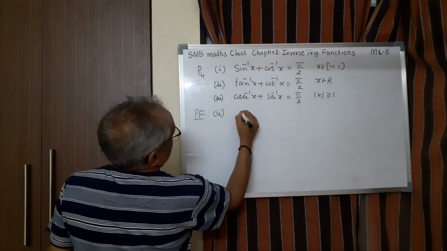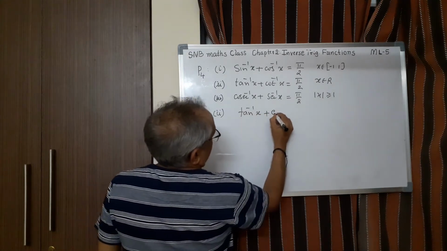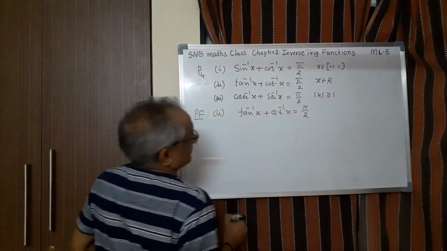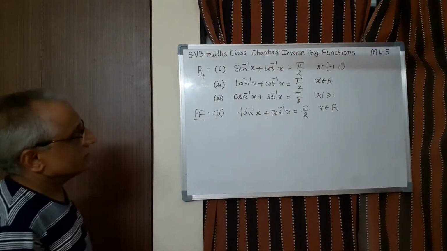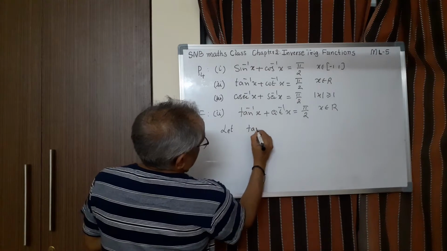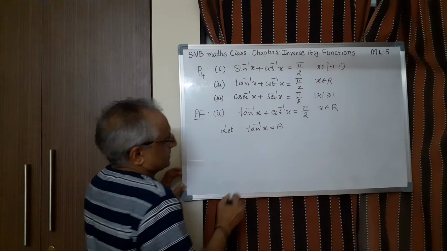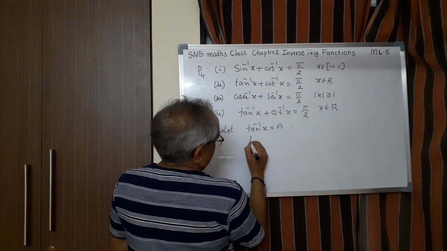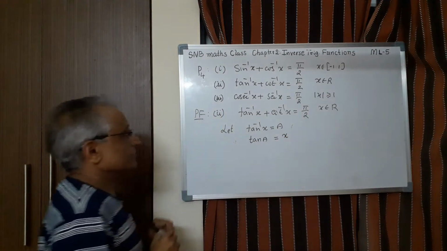So I have to prove tan inverse x plus cot inverse x equal to pi by 2. But condition is, of course, x belongs to R. Now, let tan inverse x equal to, let us take this as A. So this implies, definitely you can say tan A equal to x.